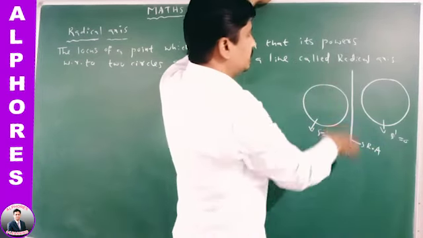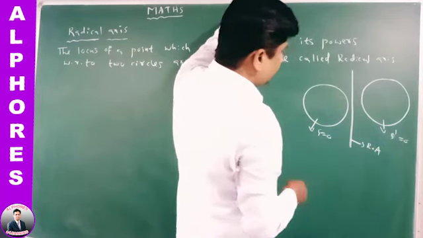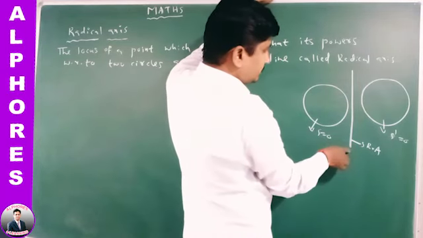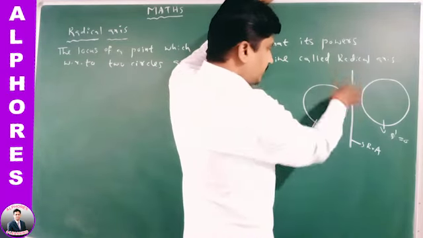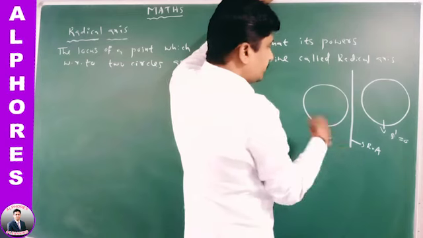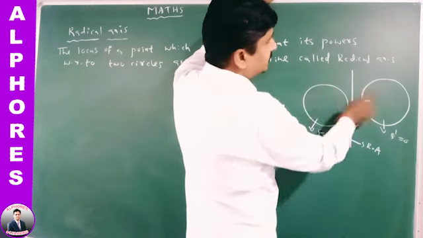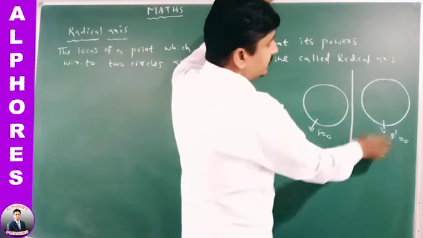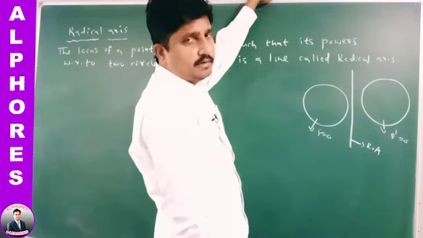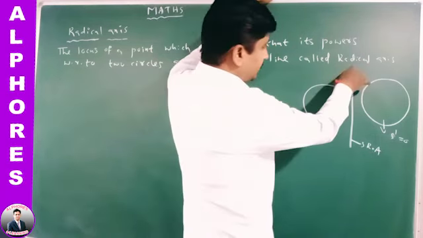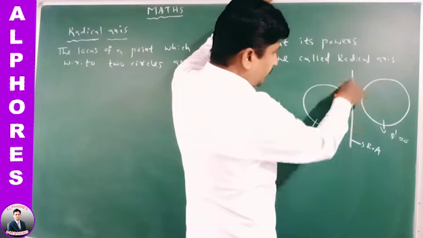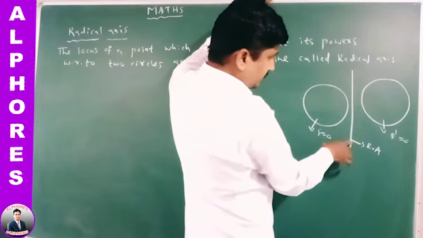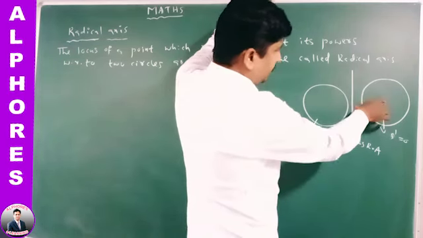This line is called the radical axis. From any point on the radical axis, the powers with respect to the two circles S equal to 0 and S dash equal to 0 are equal.